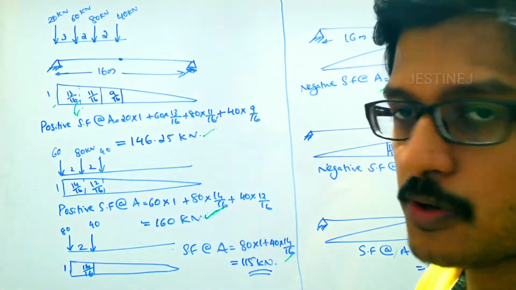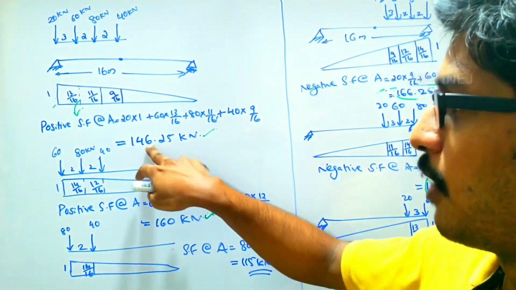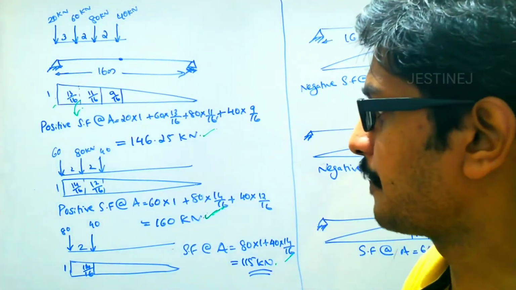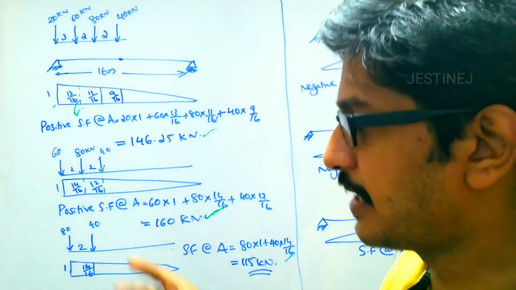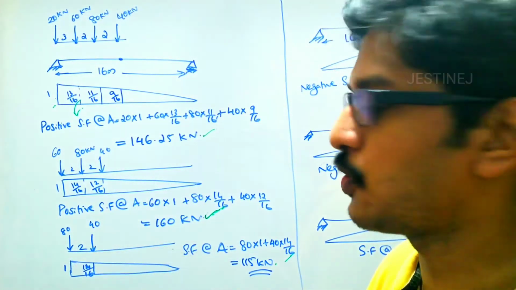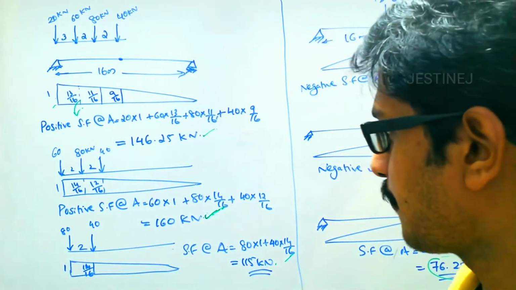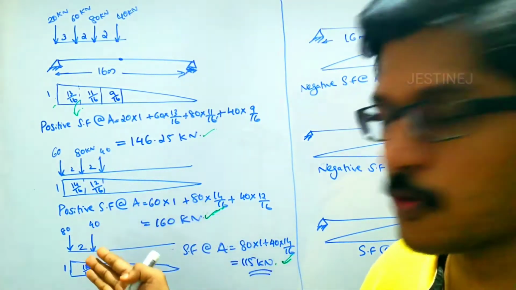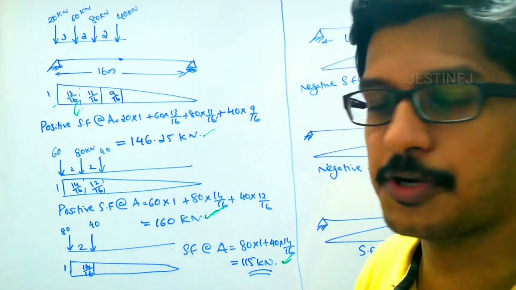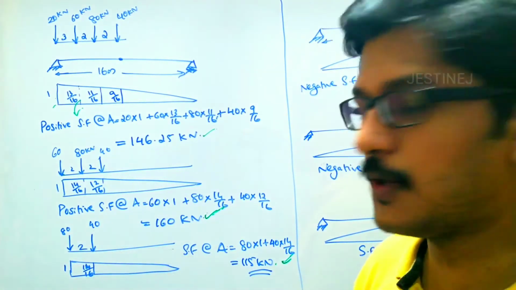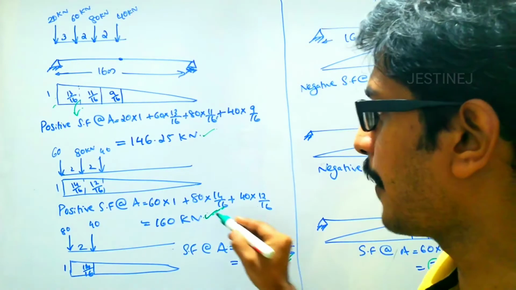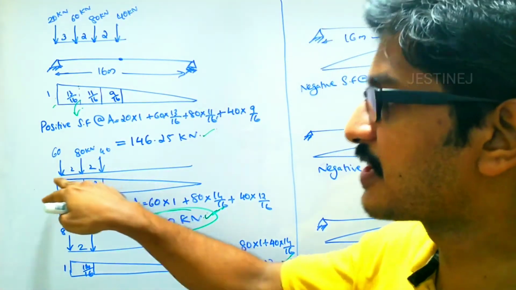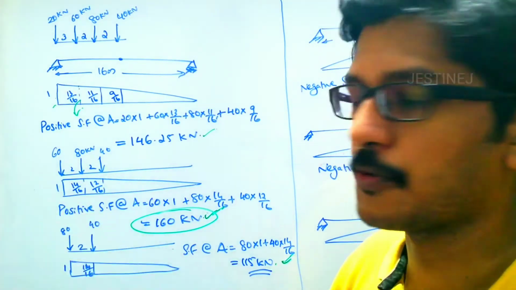This value is more than the 146.25 obtained when the 20 kilonewton is acting at the support A. Again, you can choose the third case, when 80 kilonewton is placed over the support A. The shear force value is again reducing, to 150 kilonewton. In the last case, if you put the 40 here, the value decreases again. So the maximum positive value is 160 kilonewton, when 60 kilonewton is placed at the support A.